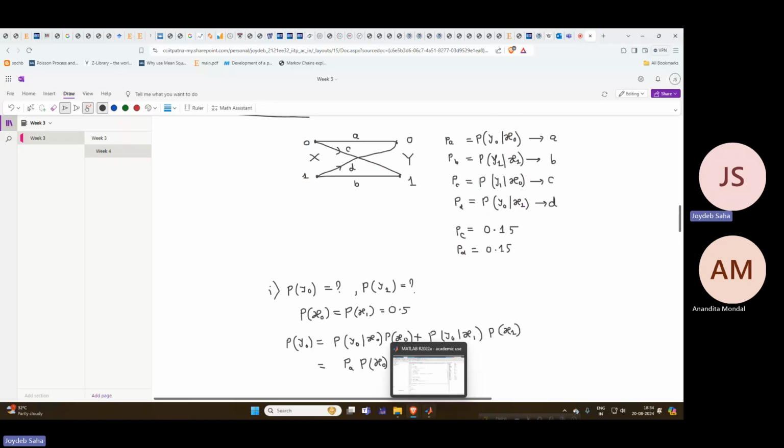Now the question is, we have probability of C, PC, and D. So D is required here, but we need PA. How to calculate PA? PA means probability of y0 upon x0. So how to calculate that?